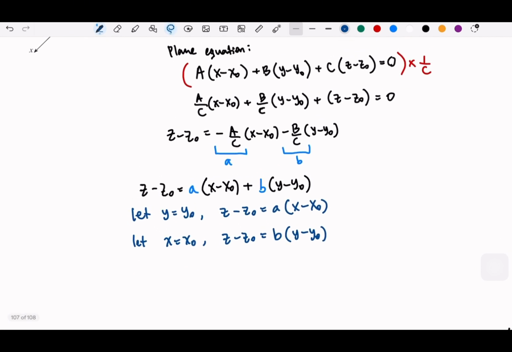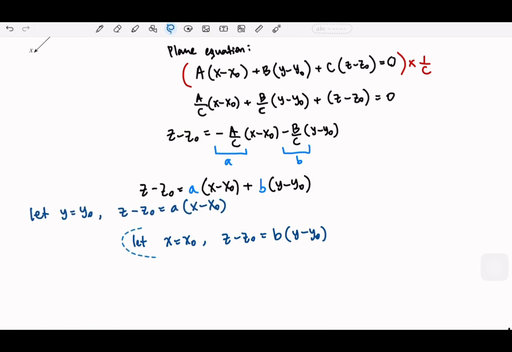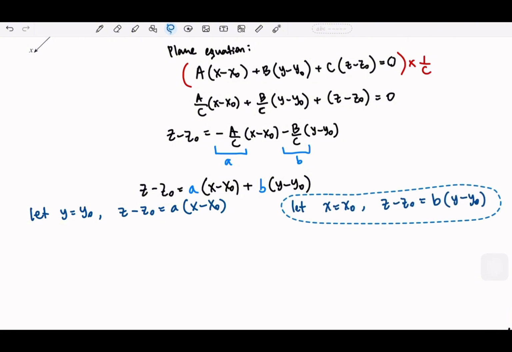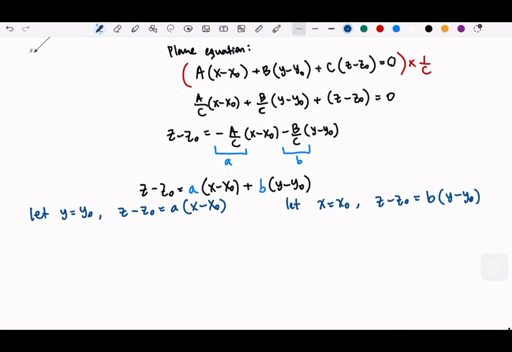Now these two, I will move this a little bit to the left and this to the right side here. So I will rewrite this and simplify it as in A. This will be z minus z0 over x minus x0.